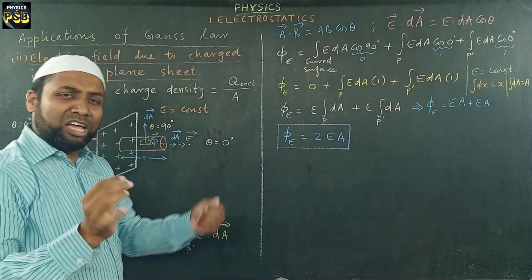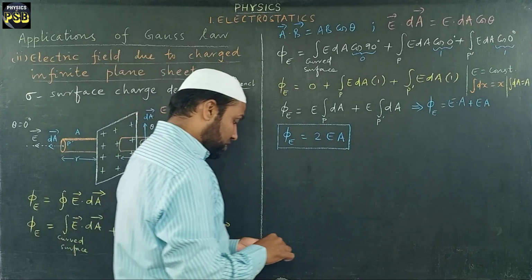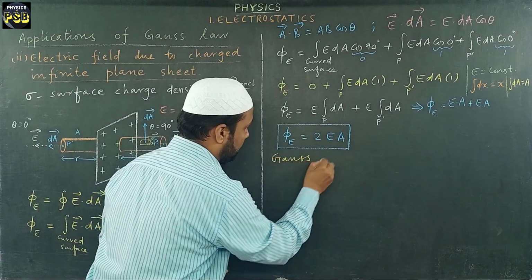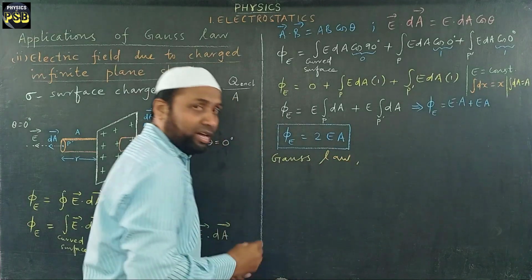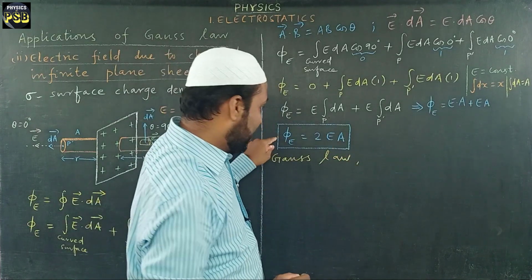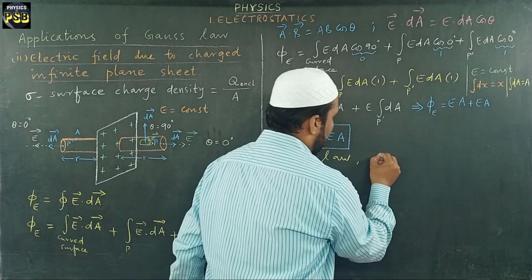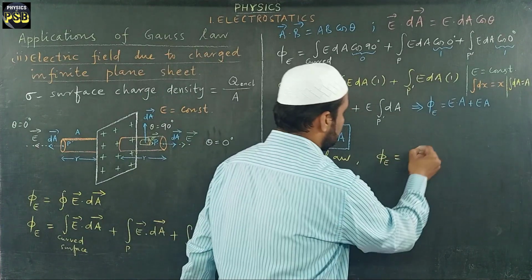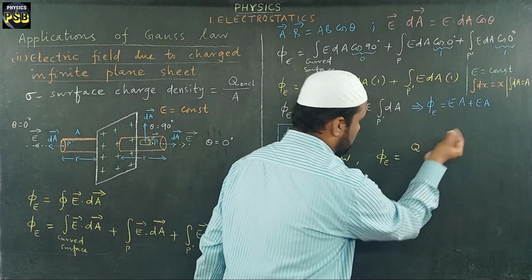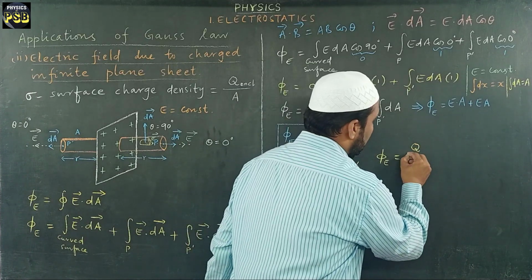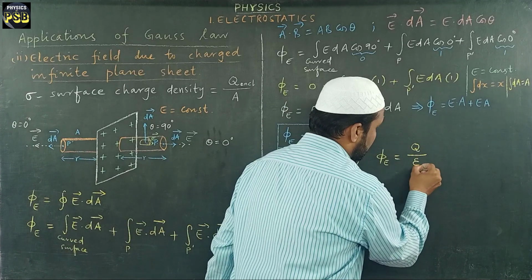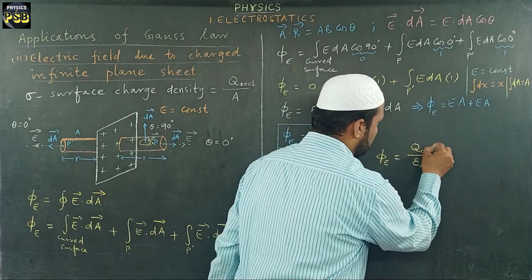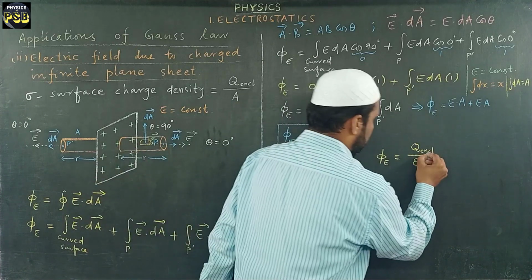Now I will apply Gauss law. What is Gauss law? Gauss law relates the electric flux. So phi E is equal to charge divided by epsilon naught, where the charge is the charge enclosed by the Gaussian surface.